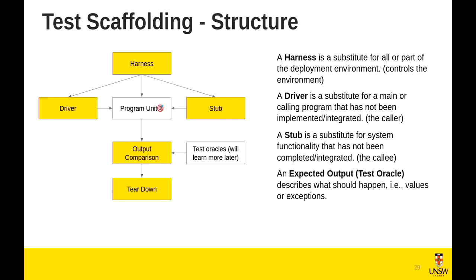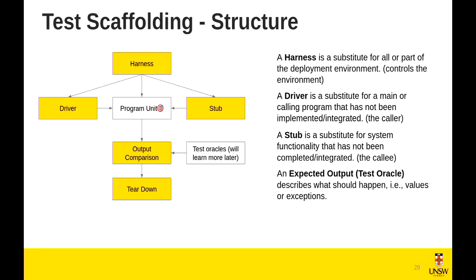And the third one you encounter here is called the test oracle. We will learn more about how to design test oracles later, but for now, you can just think of it as something that compares the actual output with the predicted or expected output.